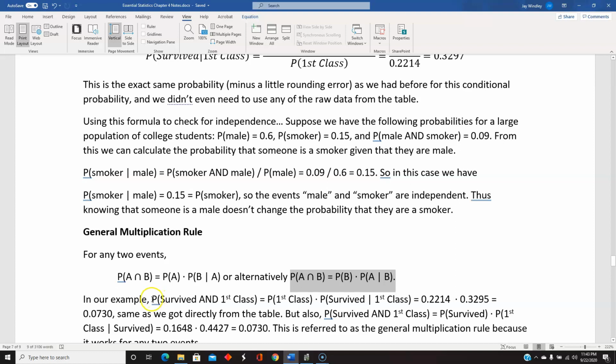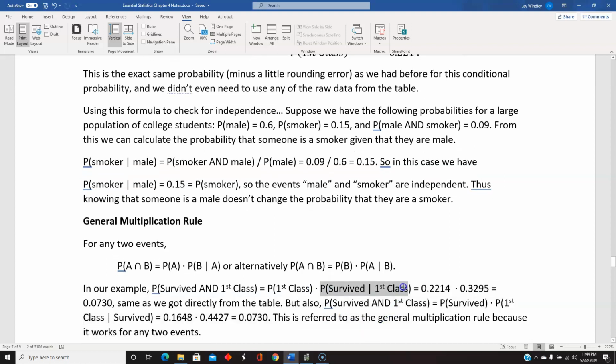So for example, in our Titanic data, if you want to know the probability that someone has survived and they're in first class, you can do the probability that they're in first class times the probability that they survived given that they're in first class. So that's 0.22 times 0.33, which is 0.07, which is the same that we got for this probability directly from the table.